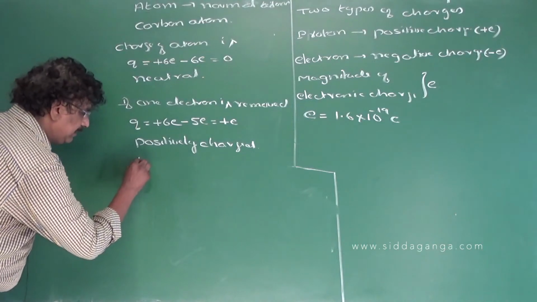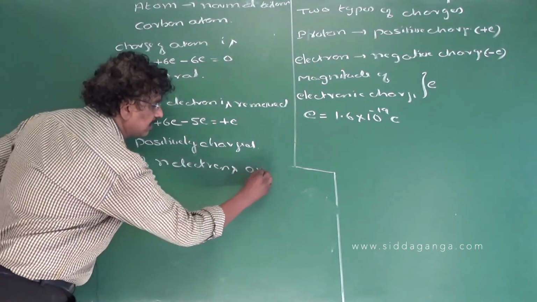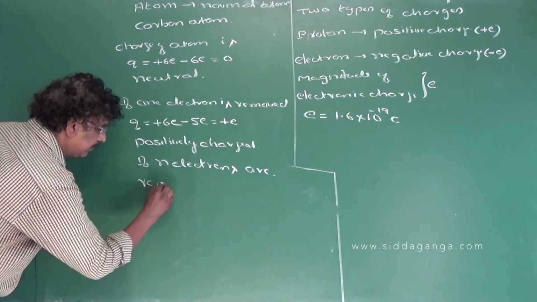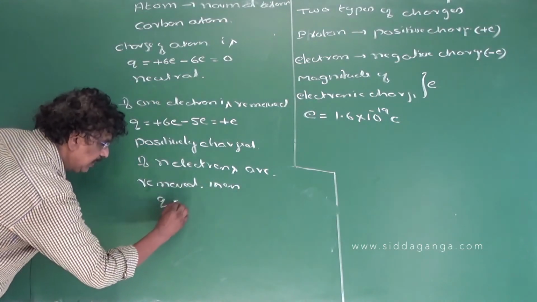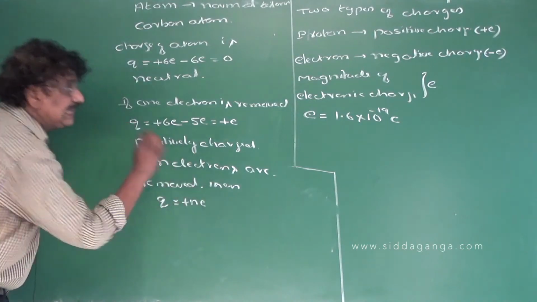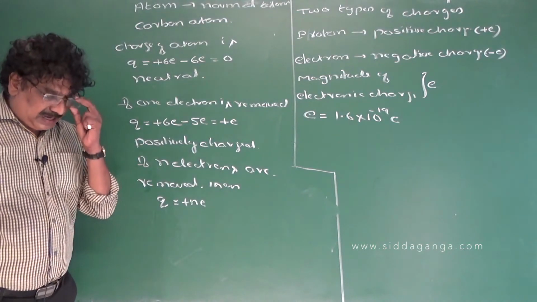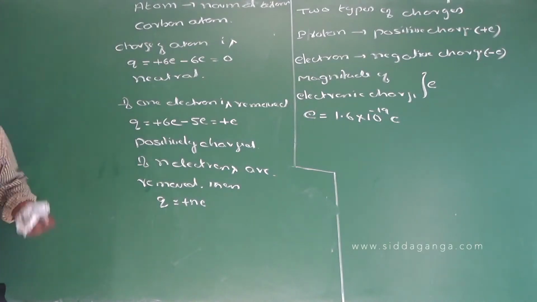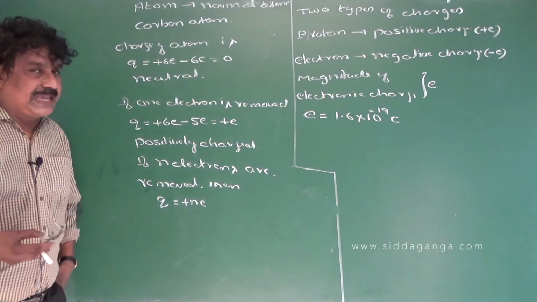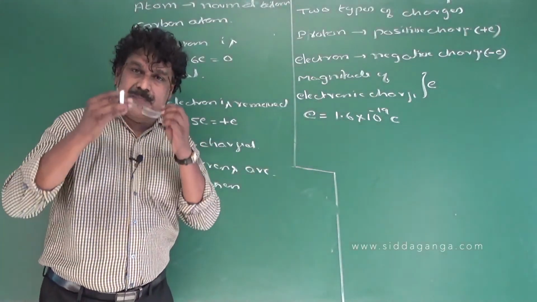So if n electrons are removed, then the charge Q is equal to plus ne. When n electrons are removed from a body, the charge on the body is plus ne, where the value of e is 1.6 × 10^-19 coulomb.